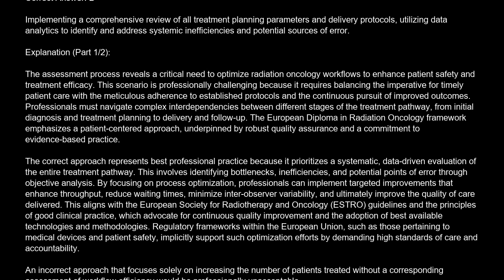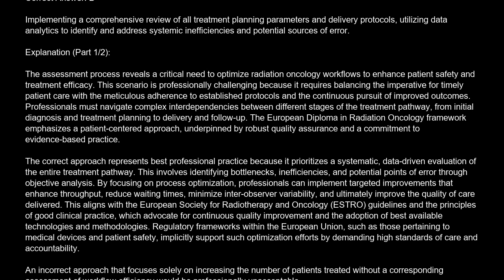Explanation. The assessment process reveals a critical need to optimize radiation oncology workflows to enhance patient safety and treatment efficacy. This scenario is professionally challenging because it requires balancing the imperative for timely patient care with the meticulous adherence to established protocols and the continuous pursuit of improved outcomes. Professionals must navigate complex interdependencies between different stages of the treatment pathway, from initial diagnosis and treatment planning to delivery and follow-up.